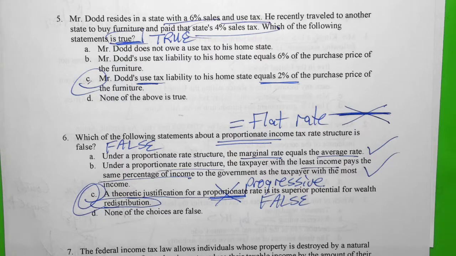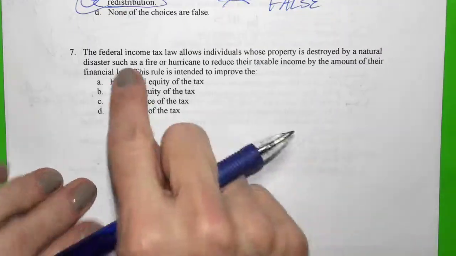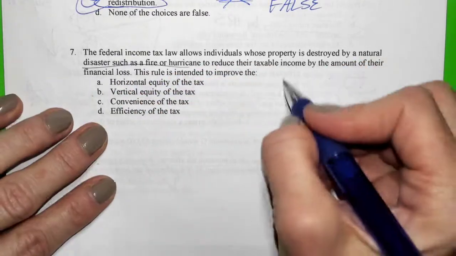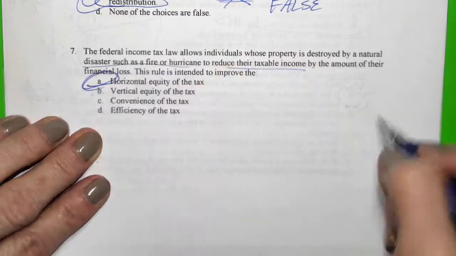All right. Federal income tax allows individuals with a casualty to reduce their taxable income. This is a horizontal equity issue.